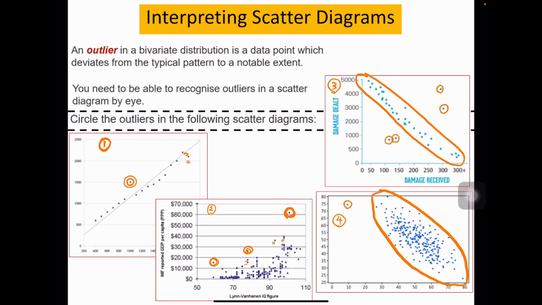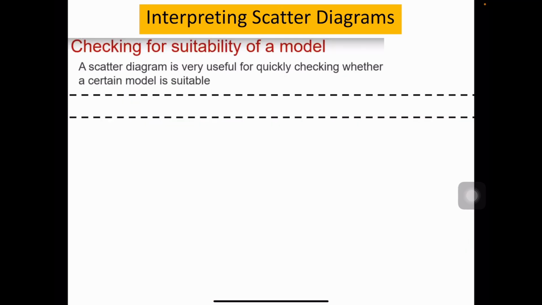Well, you can see there is a negative correlation, but there's a lot of data around that region, and there's one which stands out, and that's down here. So I'd say there's one outlier on that fourth scatter diagram.